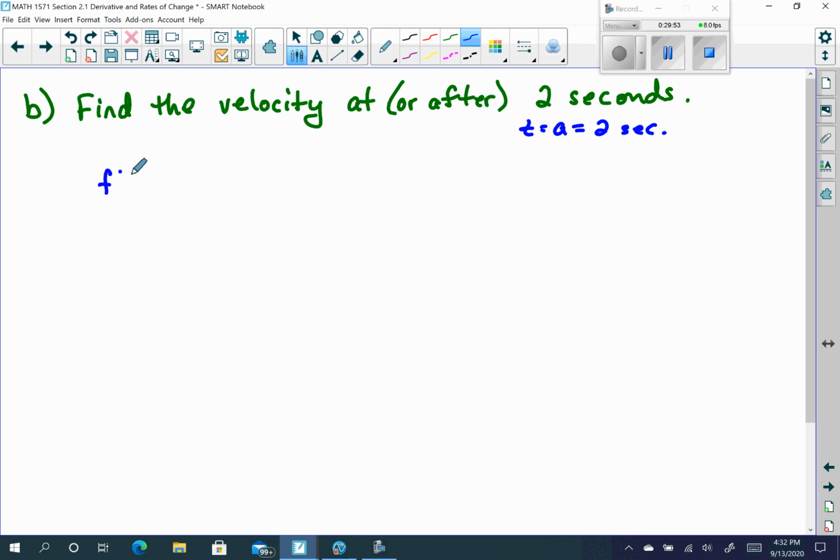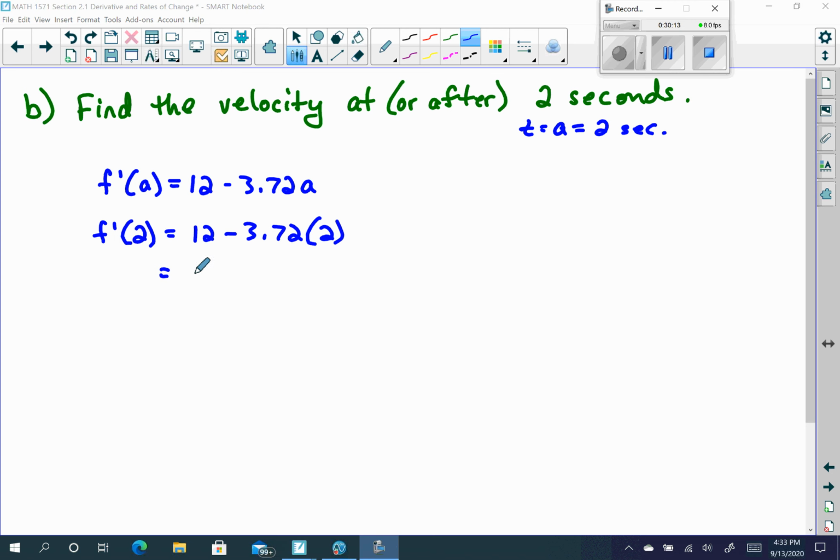So going back, f prime of a was equal to 12 minus 3.72a. So now f prime of 2 just becomes 12 minus 3.72 times 2. Go ahead and calculate that. All right, so this should give us 12 minus 7.44, which then gives us 4.56.